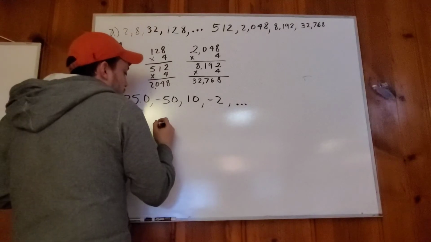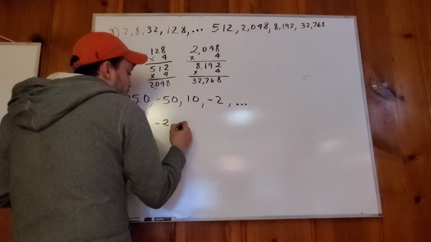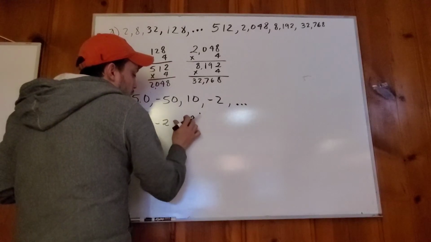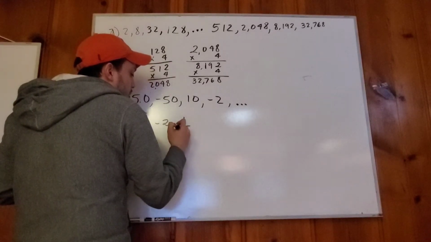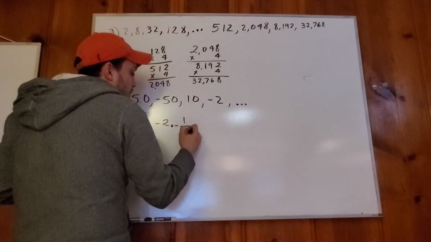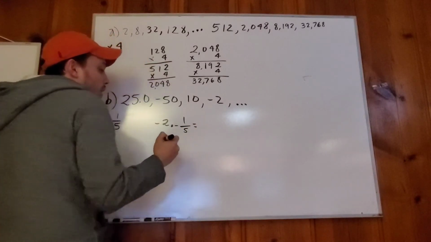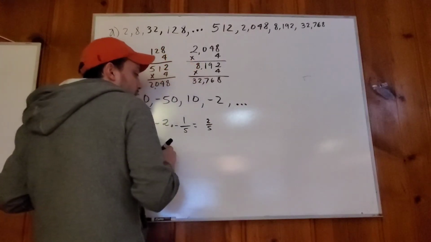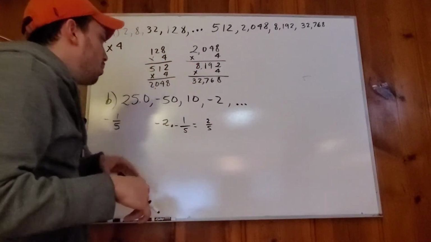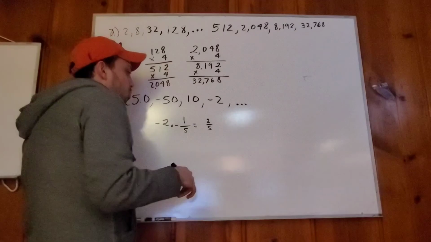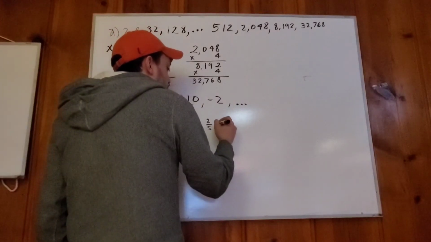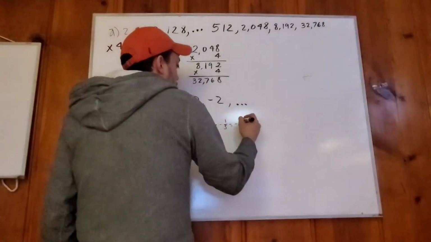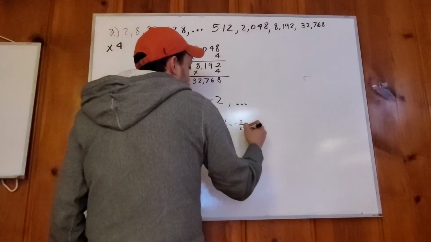So then we have to do negative 2 times negative 1/5. It's going to be positive 2/5, which is 0.4. But I'm going to leave it at 2/5. Because then when we multiply by negative 1/5, it's going to be negative 2/25.